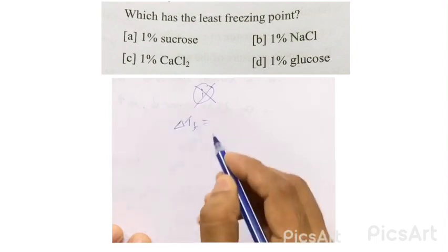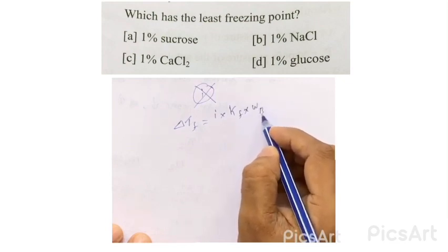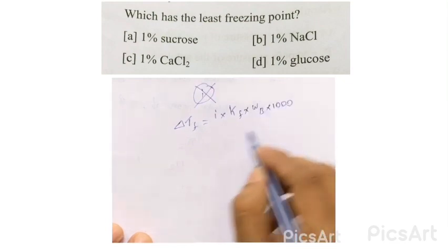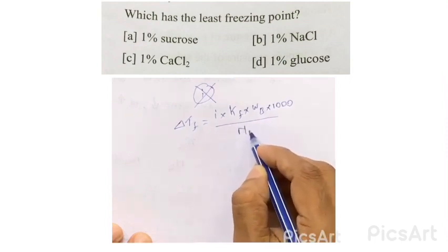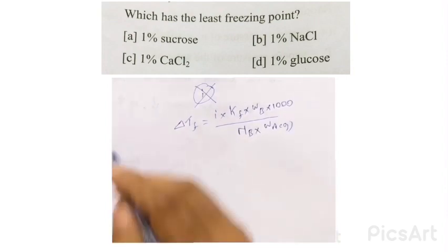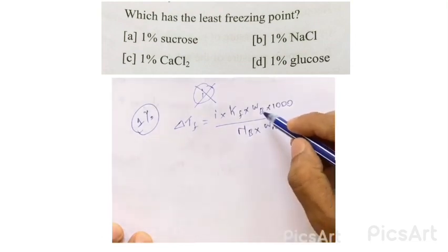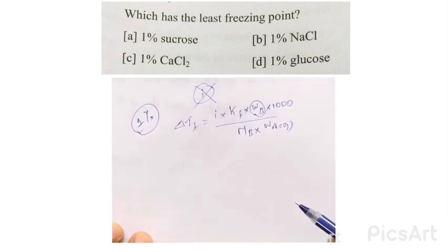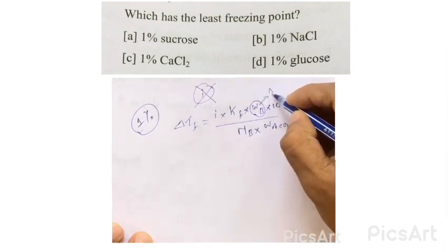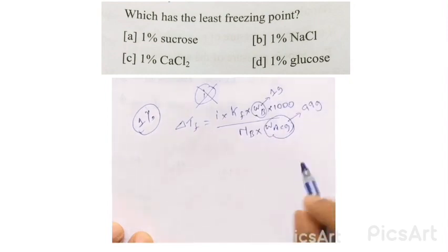Change in freezing point equals i into Kf into WB into 1000 by MB into WA in gram. If it is a 1% solution, we can say that 1 gram solute is in 100 gram solution. So it is 1 gram, and 99 gram is the mass of solvent.